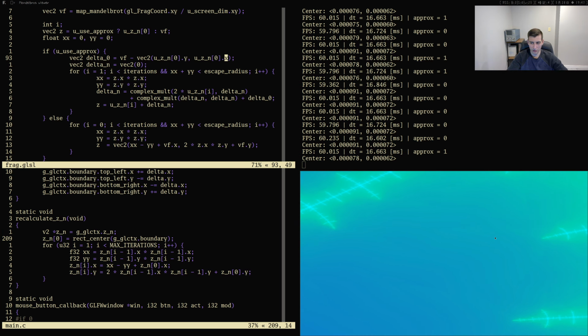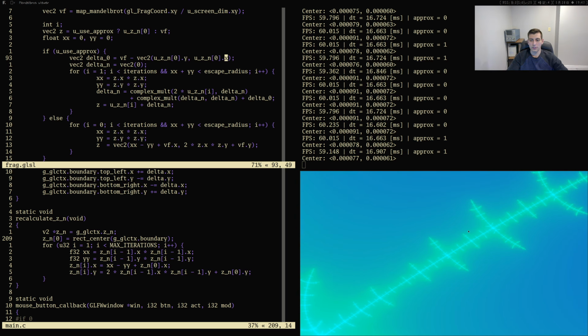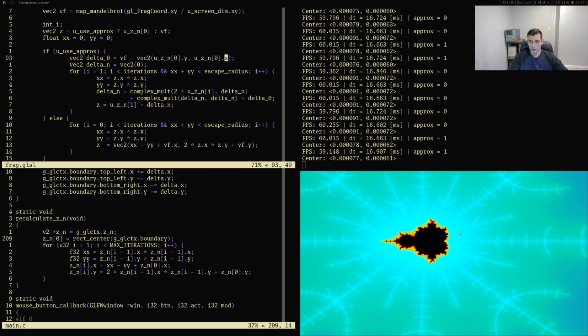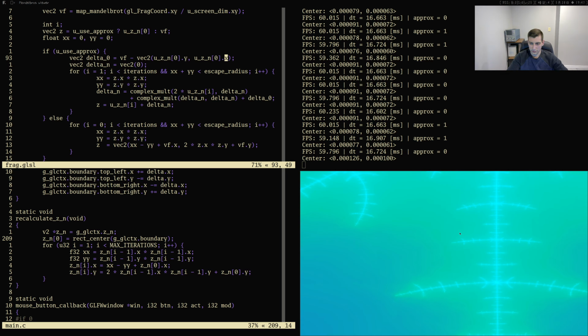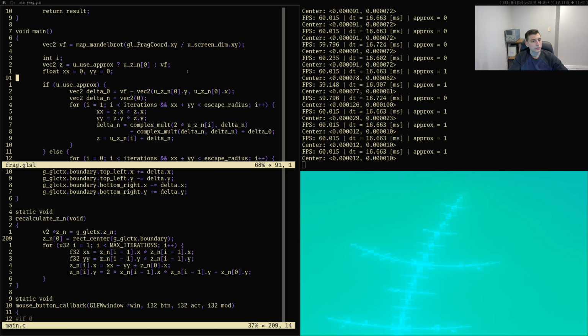Oh, looking at the approximation, that's why. If I force use approximation to be, is it actually better?